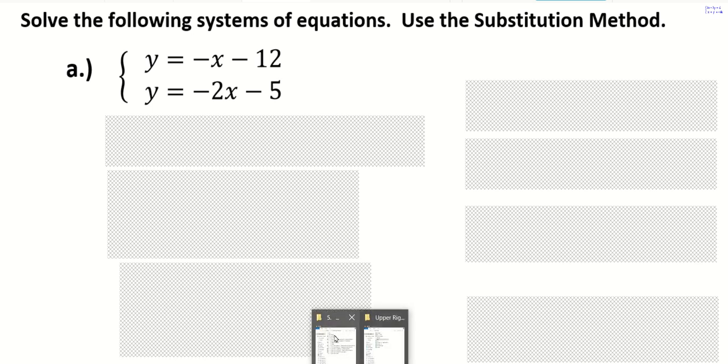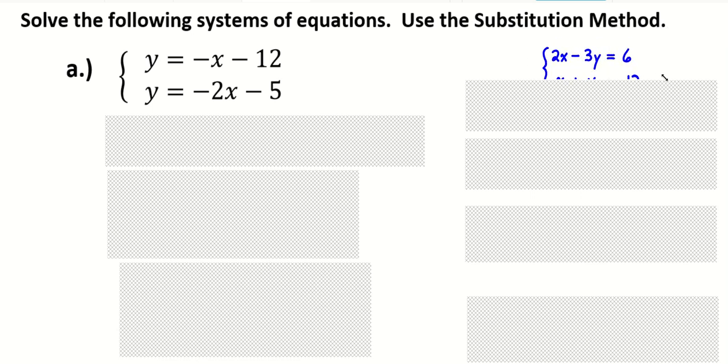Alright, let me open up something quick. Alright, so this next example, what's this over here? Maybe an old example? I don't know, who knows?